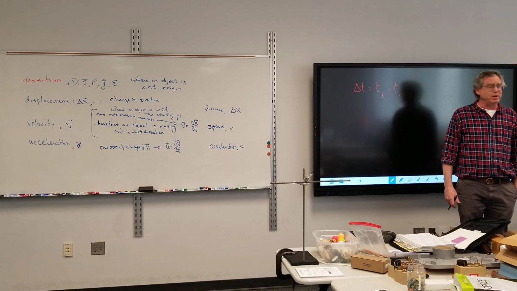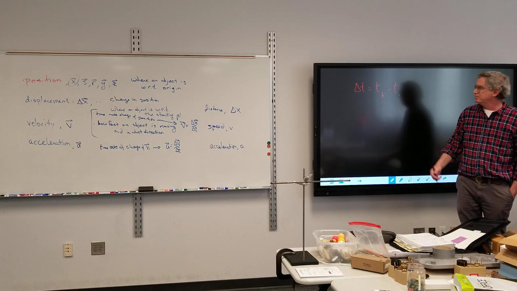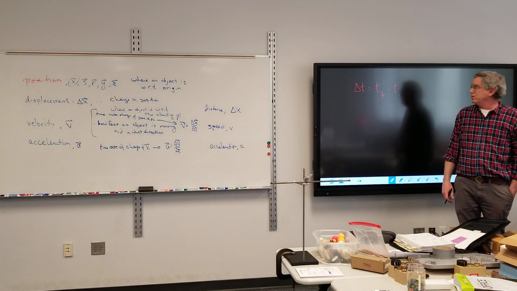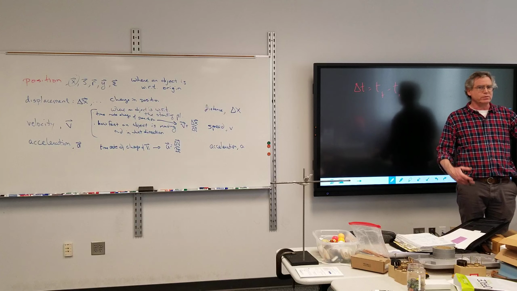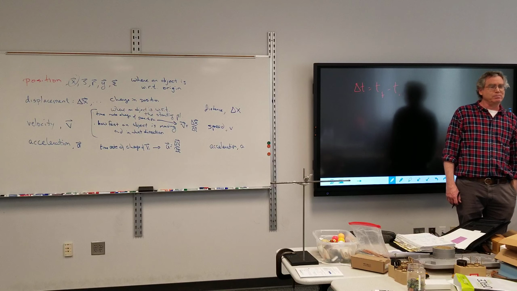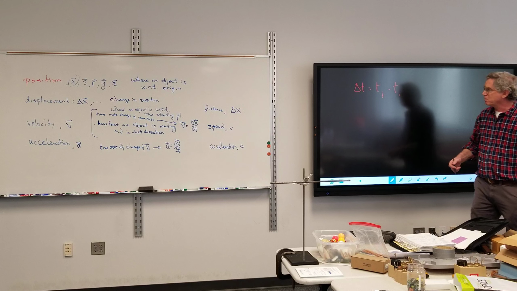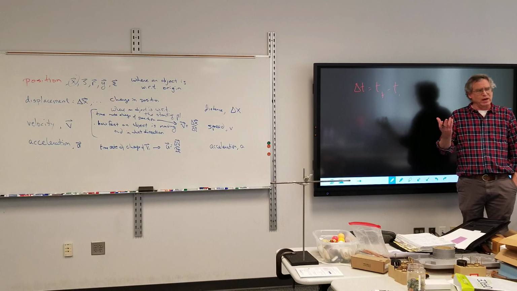The initial time is basically when I start the stopwatch in a lab, or when it passes the photo gate in the lab. On our calendar, time started, I guess, January 1st, or however many years ago. Time starts at some point in order to give us a reference. So in physics, we can set the initial time basically to whatever we want.